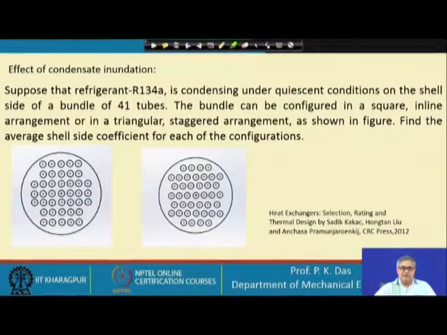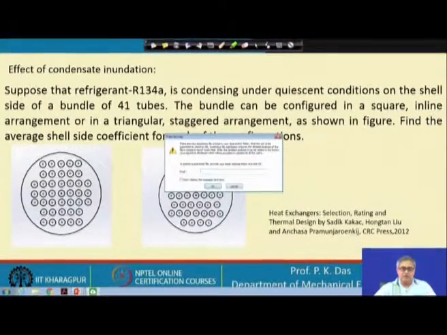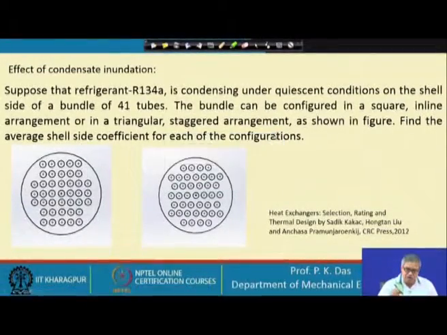This diminishing effect is a progressive one, because as we go to the tube below and below, there will be more detrimental effect of film thickening. This we have to take into consideration, and the average heat transfer coefficient has to be estimated taking care of the heat transfer coefficients on the different tubes. So, let us proceed.